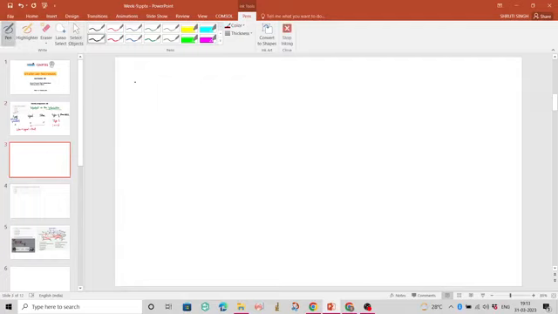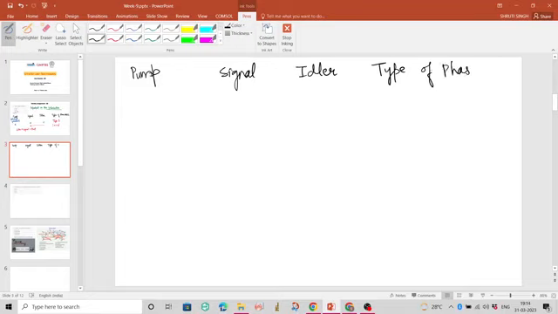So the same thing here, I'm writing pump. This is signal. This is idler and this is the type. So the other types are, if I write in this way only, idler first as we pronounce.